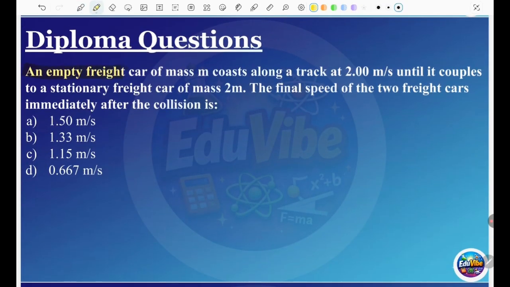So next, an empty freight car of mass m goes along the track at 2.0 meters per second until it couples to a stationary freight car of mass 2m. The final speed of the two freight cars immediately after the collision is what?